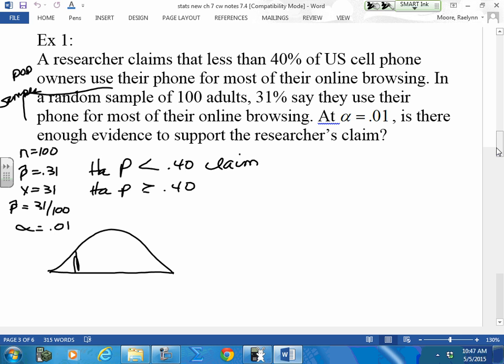A left tail. So we're going to label this reject H0, and we're going to label this fail to reject H0. Now we have to find your critical value. We're back to your z-score. So if this area is this piece right here, we do inverse norm, and we just put in the 0.01, and we find your z-score.